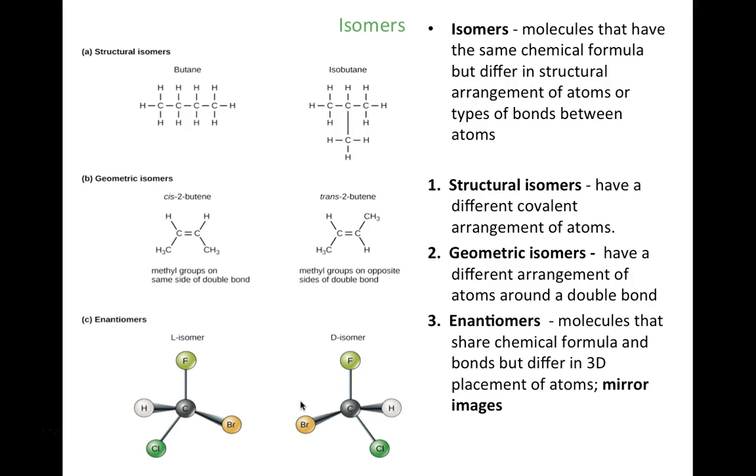So it's hard to illustrate enantiomers in a two-dimensional picture. It works much better sometimes for students to actually see these mirror images in a three-dimensional model, and that's why using your hands as an example is sometimes a good way to show students what mirror image enantiomer isomers look like.